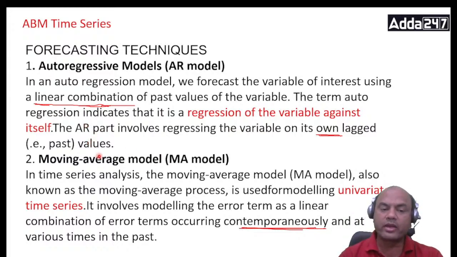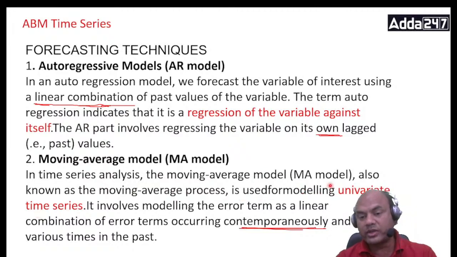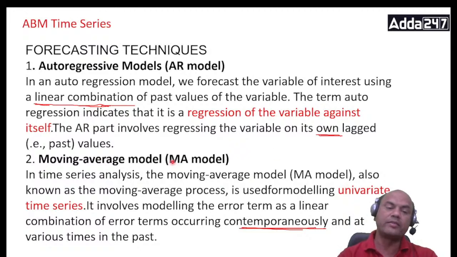MA means what? Moving average. In time series analysis, moving average, also known as moving average process, is used for modeling univariate time series. See, this univariate word will be there in moving average. It involves modeling error term as a linear combination of error terms occurring contemporaneously. What is this contemporaneously?